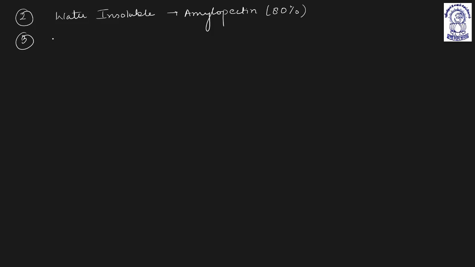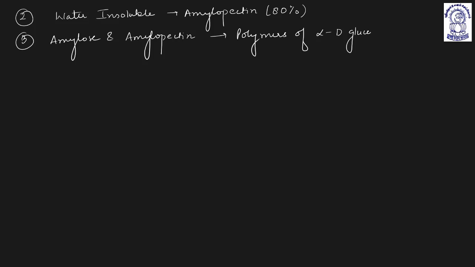Both amylose and amylopectin are polymers of alpha D glucose.